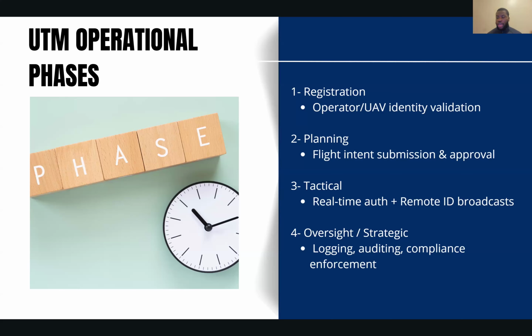This is where the real-time authentication happens and where remote ID broadcasts are used during the flights. And the fourth phase is oversight, or strategic monitoring, where regulators enforce compliance and review logs. Most of the privacy problems we are solving appear in the tactical phase. And to understand why, we will look into how the US and the EU handle remote ID differently on slide five.